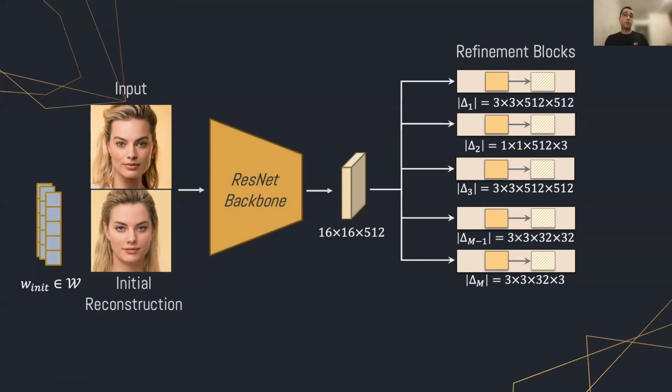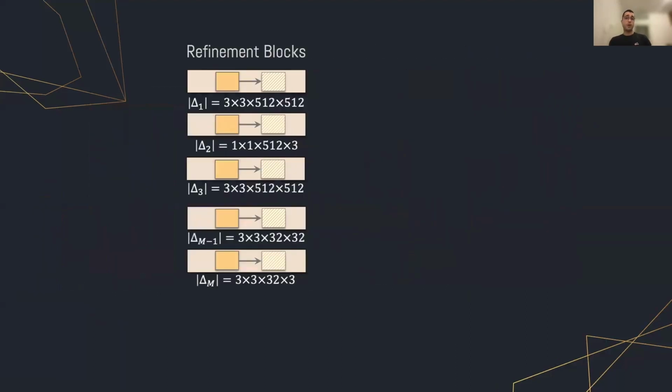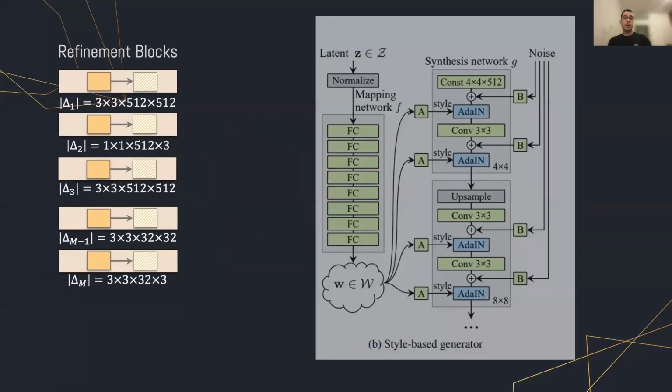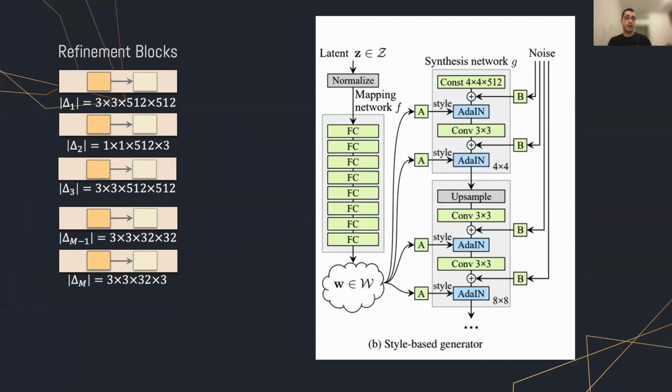So how does this look when we combine it with StyleGAN itself? We're going to shift these refinement blocks over here, and this is the architecture of StyleGAN. Each refinement block's output is going to correspond to a single convolutional layer of StyleGAN, and we're going to change these convolutional filters themselves, the actual weights of StyleGAN.